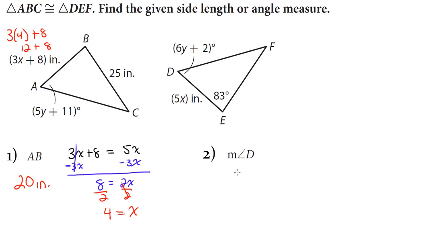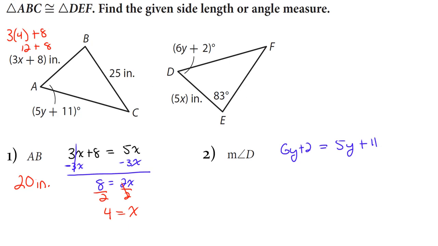Looking at number 2, we need to find the measure of angle D, which we see is right here, and we know that angle D corresponds to angle A. So again, angle D says 6y plus 2, and angle A says 5y plus 11. So we could set up another equation. So I have here 6y plus 2 equals 5y plus 11.